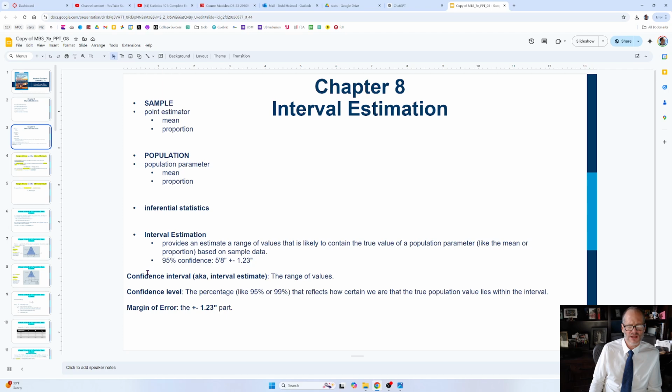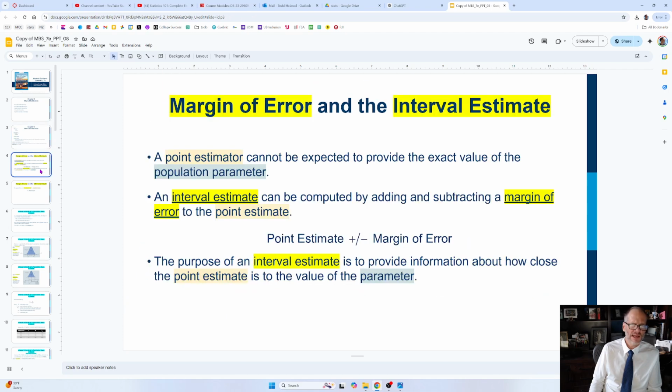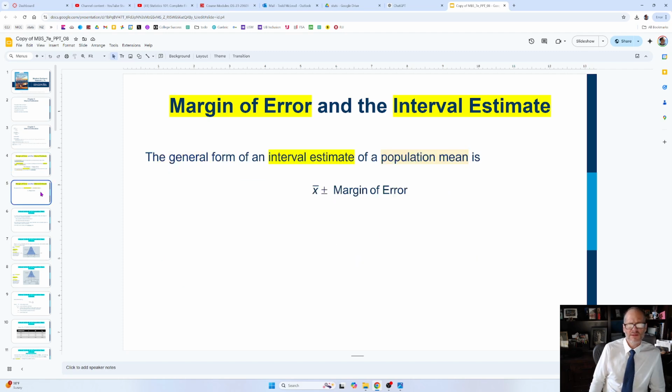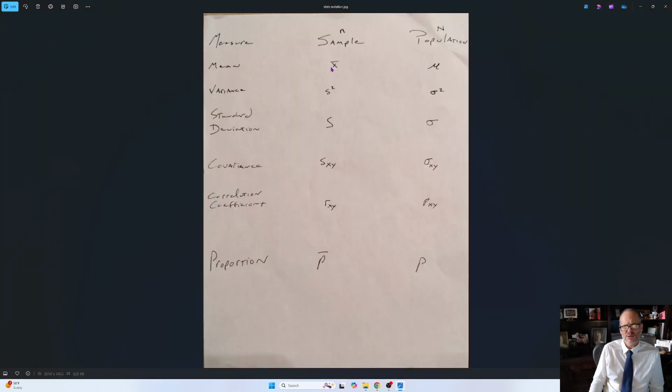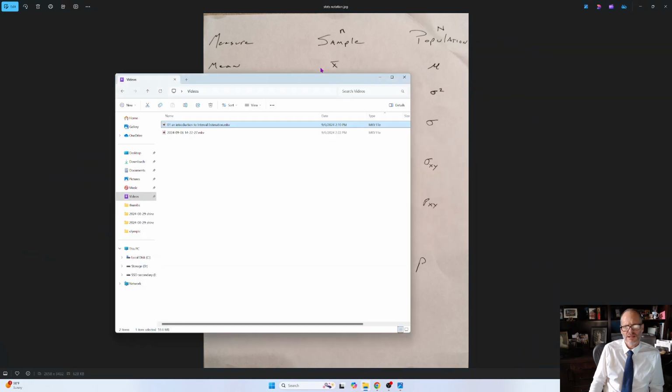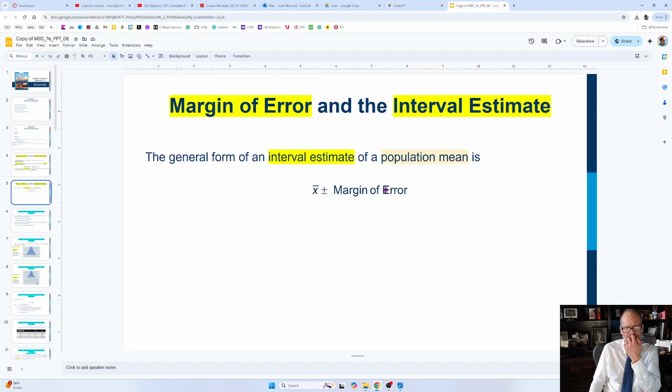Interval estimation, confidence interval, interval estimate, okay? The purpose of the interval estimate is to provide information about how close the point estimate is to the value of the parameter. The general form of an interval estimate, or a confidence interval, of a population mean is x-bar, the sample mean, plus or minus the margin of error.